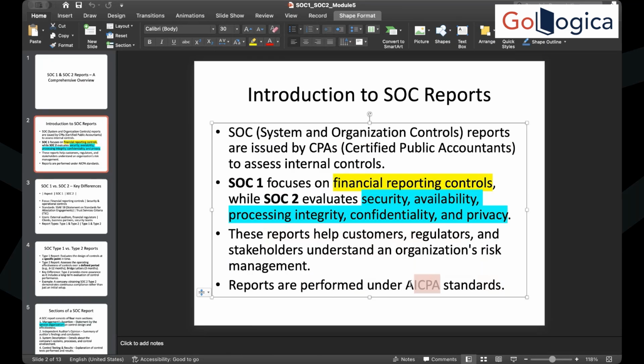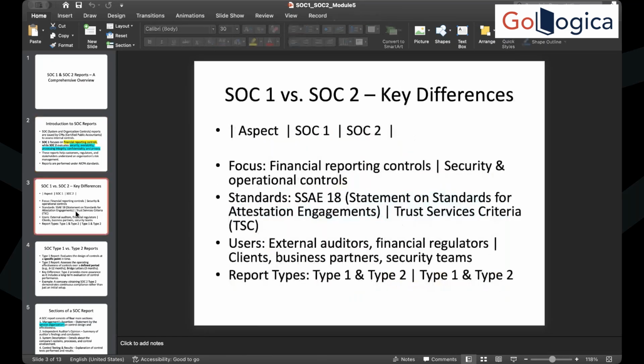So AICPA is some association of certified public accountants, and they have created a standard, the basis on which we conduct these SOC 1, SOC 2 audits. All good? Now, key differences.